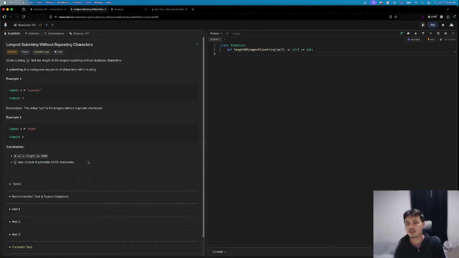Okay, duplicate detection. Start our window at 1. We expand, and we expand.